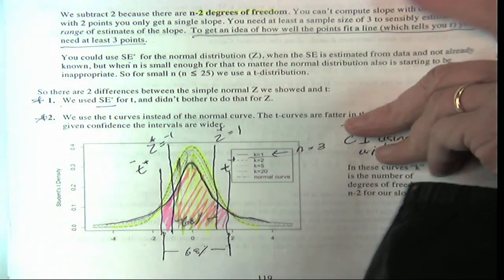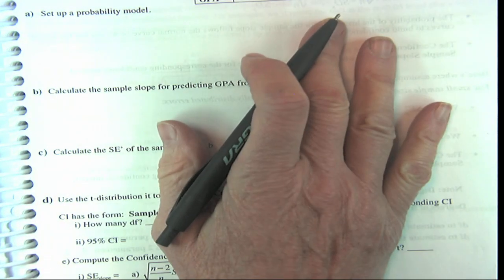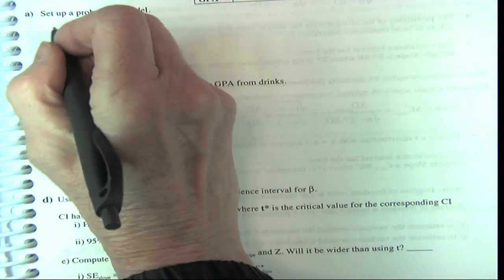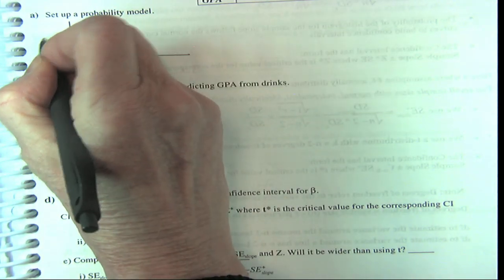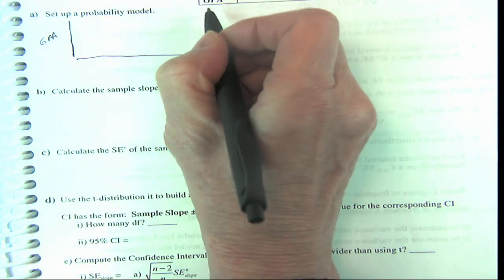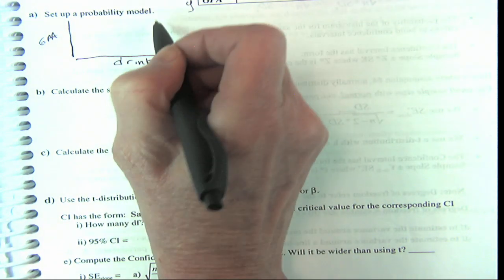All right, now let's just quickly do it now that you know the idea. We're going to do the same thing, but with the t. So you're going to set up a model, and this is predicting GPA, that's Y, from how much people drink out of all U of I students.